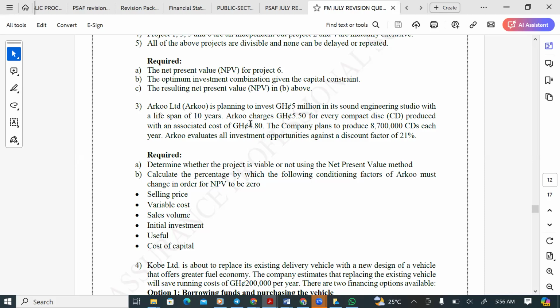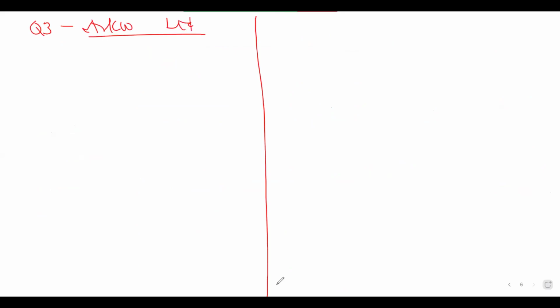Okay, so we have question number 3, which will be Arco Limited. So let's have the cash flows here. This one, we'll just do it very simple. We have the years here, we have the cash flow, we have the discount factor, then we have the present value.